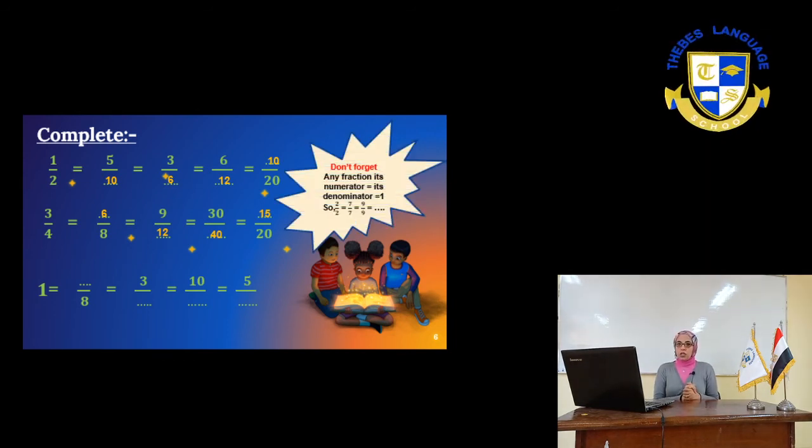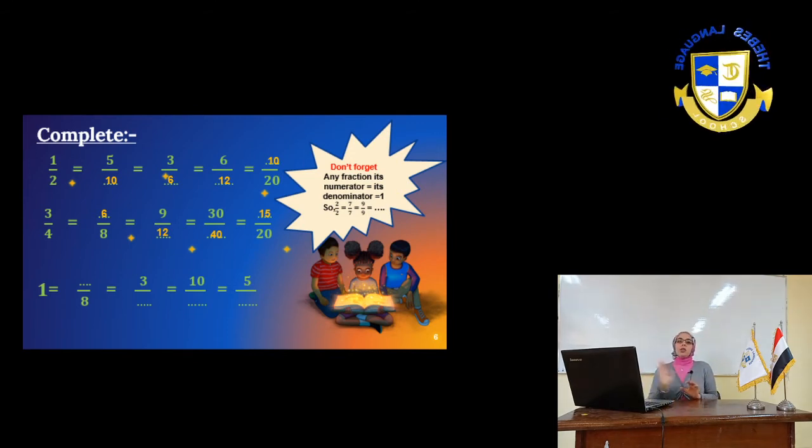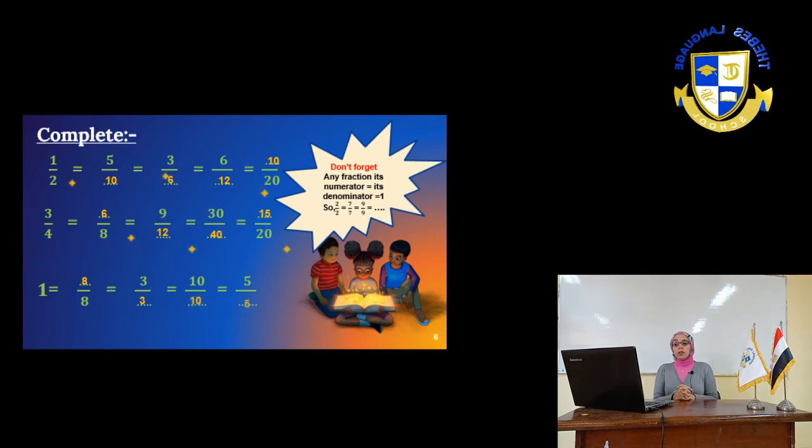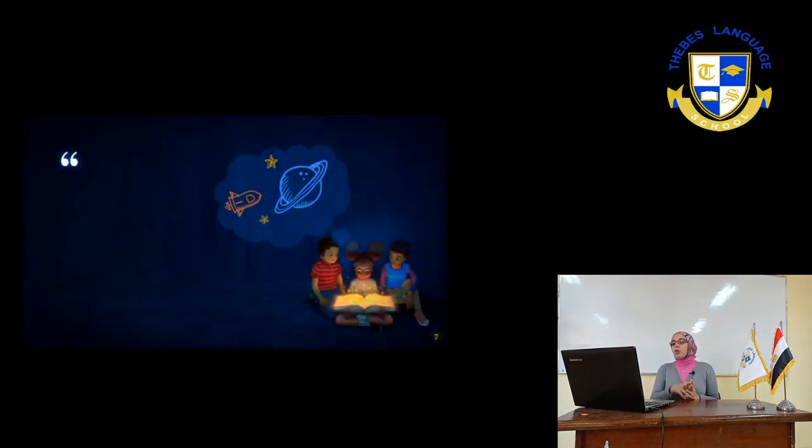Any fraction whose numerator equals its denominator equals 1. 1 equals 8 over 8, equals 3 over 3, equals 10 over 10, equals 5 over 5. And all these fractions equal each other because all of them equal 1. Next slide.